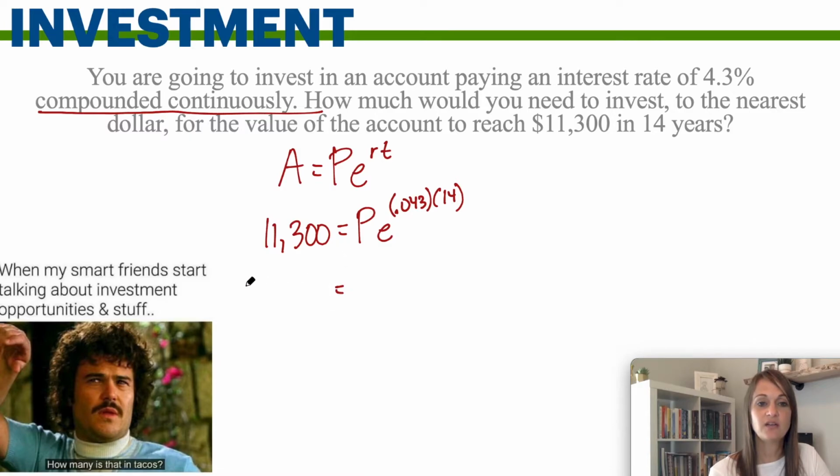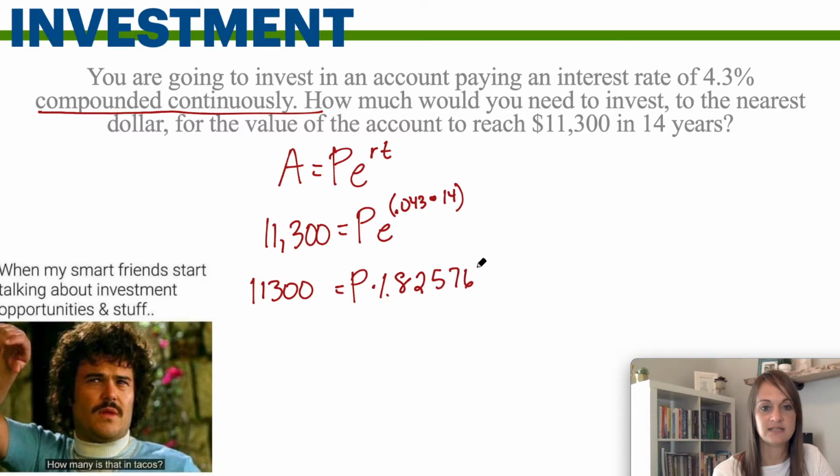So in your calculator, you can go ahead and type in e to the 0.043 times 14. Just make sure that you put parentheses around the fact that you're multiplying these two things together. And whenever you do, you will get 1.825767.